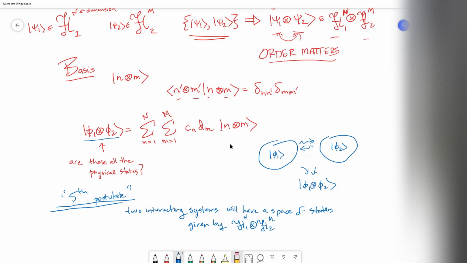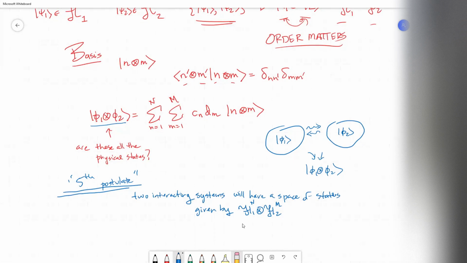So what it means is that even though we might not be able to say definitively that this one is in state phi1 and this one is in state phi2, whatever the state is, it's still going to be a part of this Hilbert space, this tensor product Hilbert space. And I forget what the mathematical underpinnings of this postulate are, but it's something that you just assume.